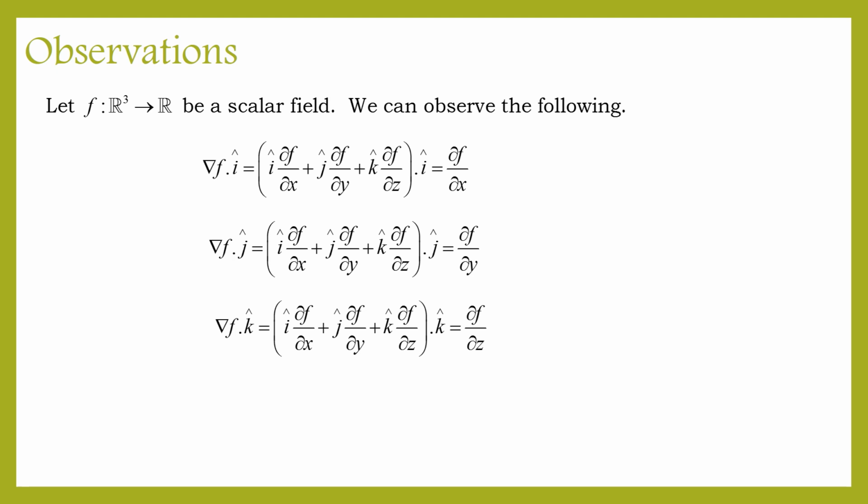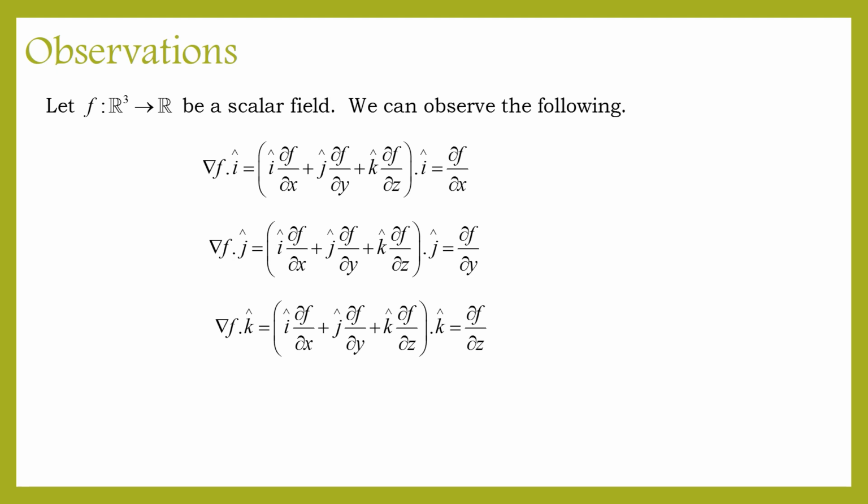What are these three? Dou f by dou x is nothing but the derivative of the given surface in the direction of the x-axis. That is given by del f dot I cap. We can say it's a directional derivative of the given surface f of x comma y comma z in the direction of x-axis, namely in the direction of I cap.